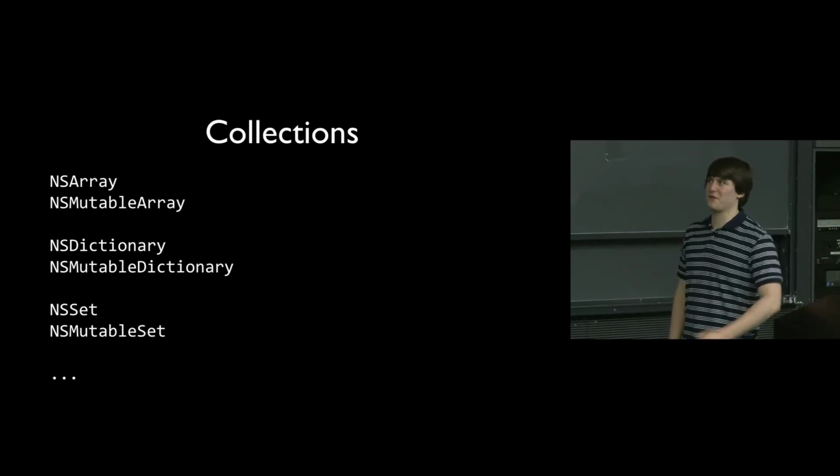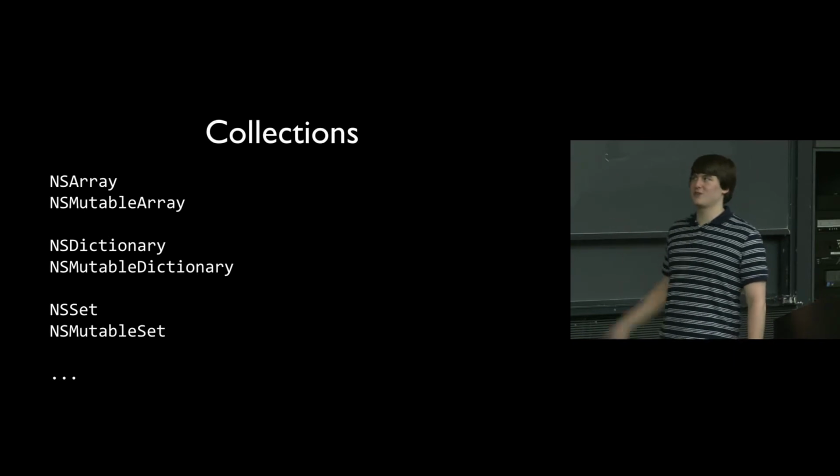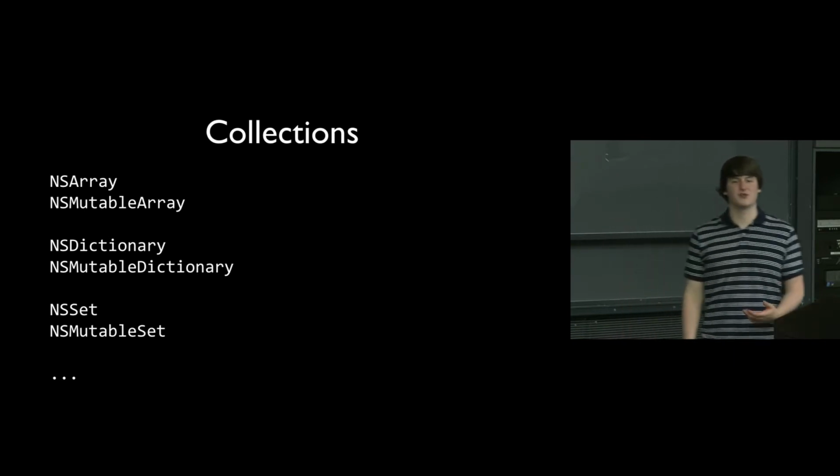Sets are just another example of a collection. NSArray is going to be the most commonly used, and we're going to use it right here. So looking at the next example. Okay, so students.h and students.m haven't changed.